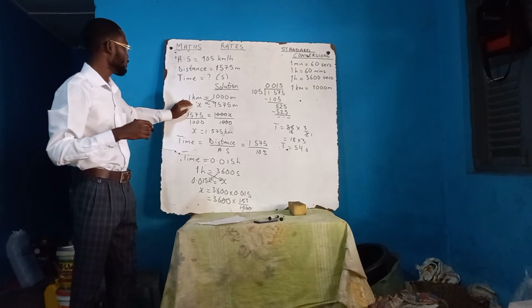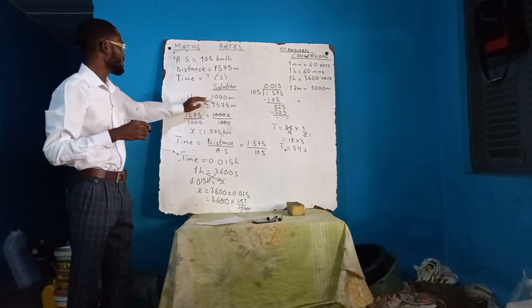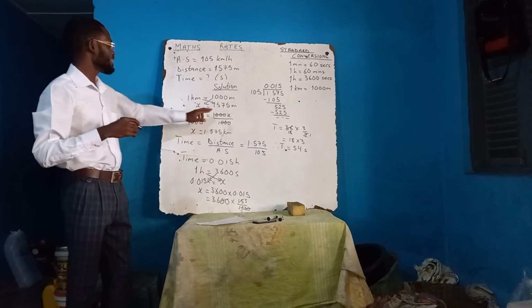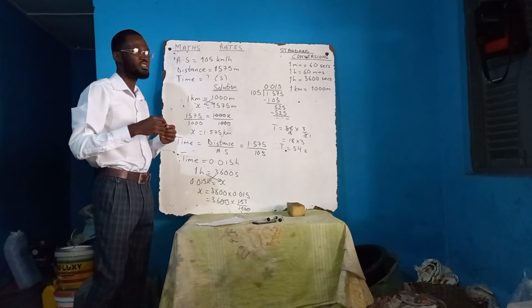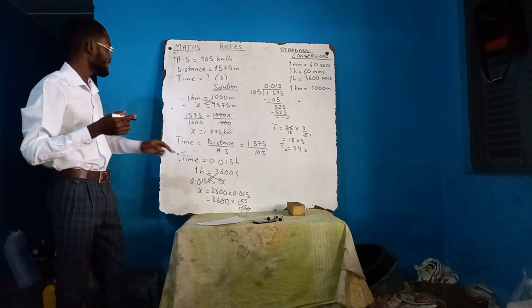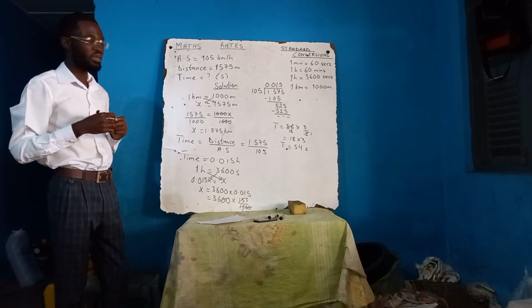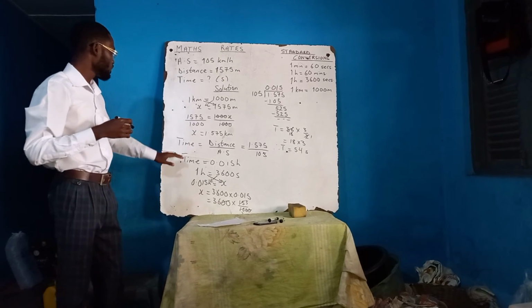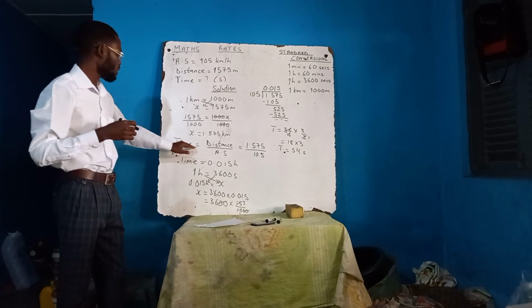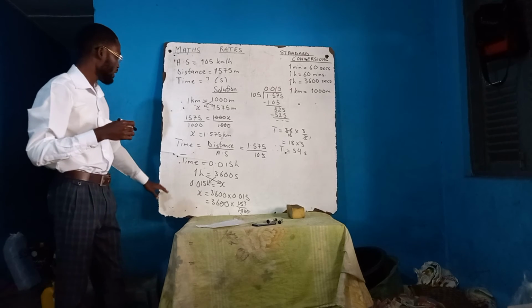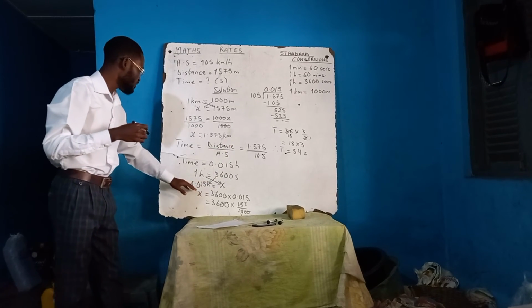So from the beginning, we ought to change our meters into kilometers, and translating 1,575 meters into kilometers gives us what? 1.575 kilometers. And moving on, we substitute the values into our formula for time, and we equate everything to give us what?